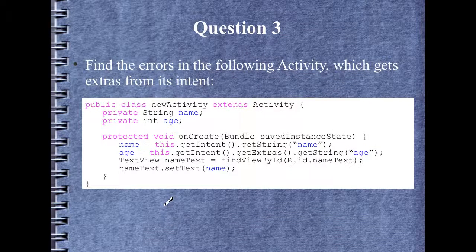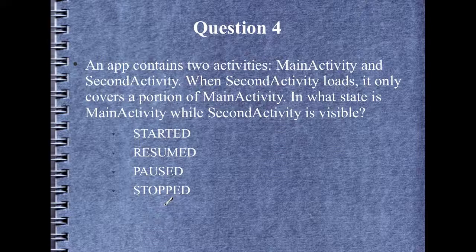Question 3. There are some errors in this activity, and it gets extras from its intent. So we want to look for the extras in this activity. What are the errors in this code that will break it so that it doesn't work? And finally, question 4.